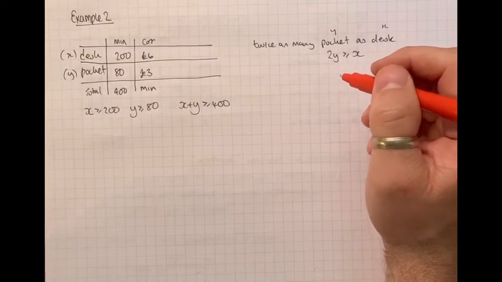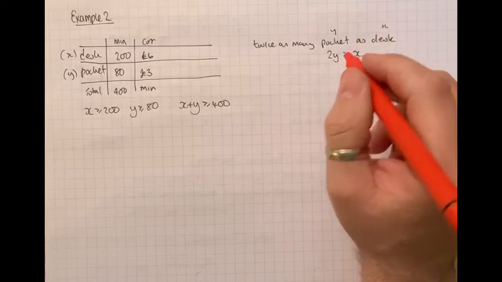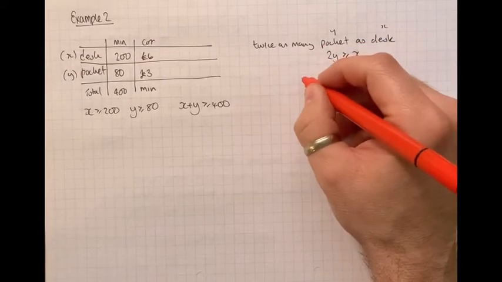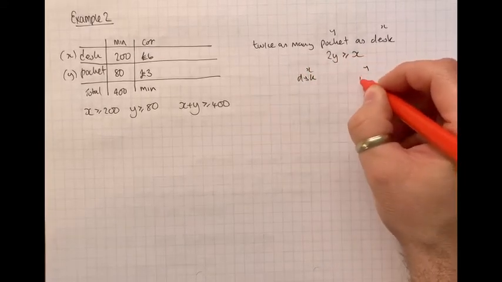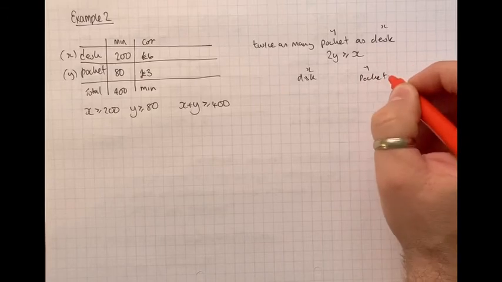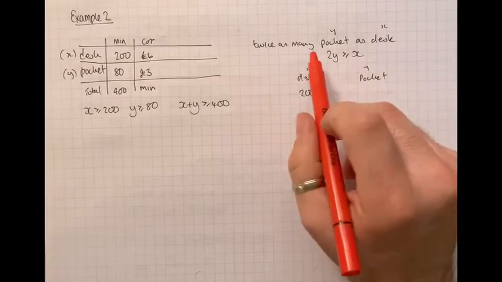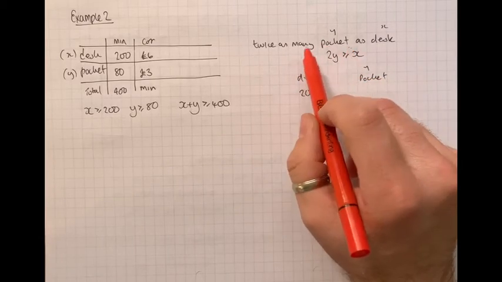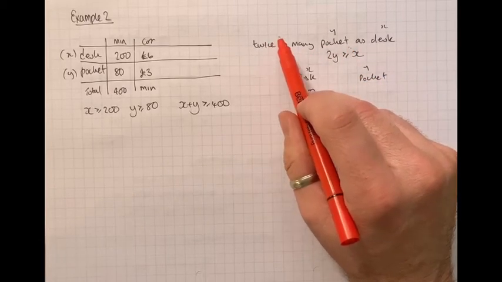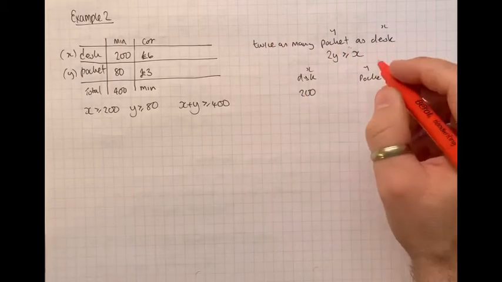So say, for example, we went for the at least twice as many pocket diaries as desktop diaries. So say if we went for the minimum desktop, so we got desk, which is x, pocket, which is y. And we went for the minimum number of desktops. Now it says we need twice as many pocket diaries. So let's imagine it's exactly that. Forget about the at least for now. Let's imagine you need exactly twice as many pocket diaries as desktop diaries.